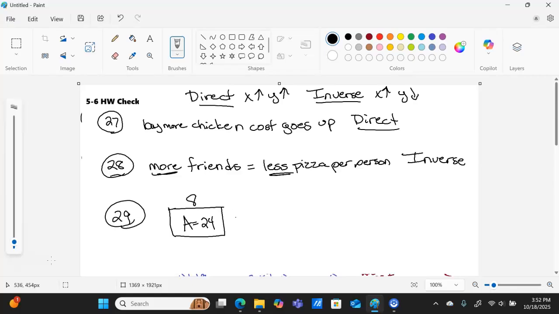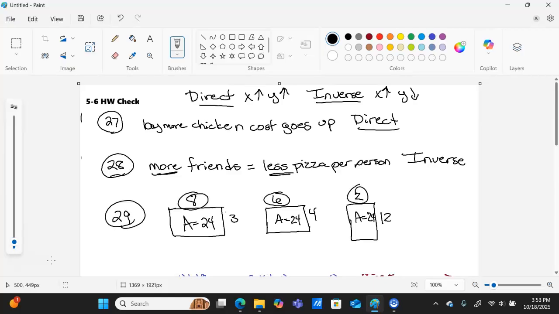So one possibility would be an 8 by 3. Another possibility would be a 6 by 4. Another possibility would be a 2 by 12. They all have the same area, but look what happened. One number goes down and the other number is increasing. Because the area has to stay the same, when one number goes down, the other number goes up. That's an inverse relationship.